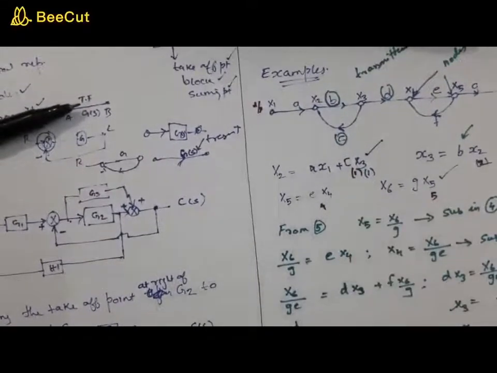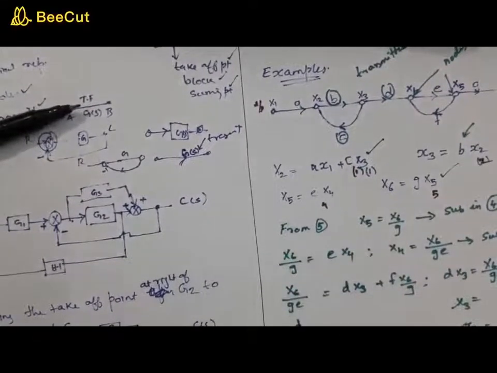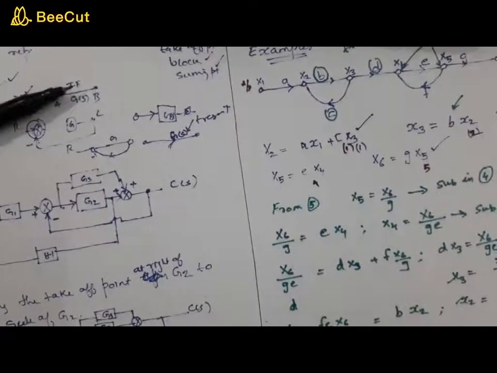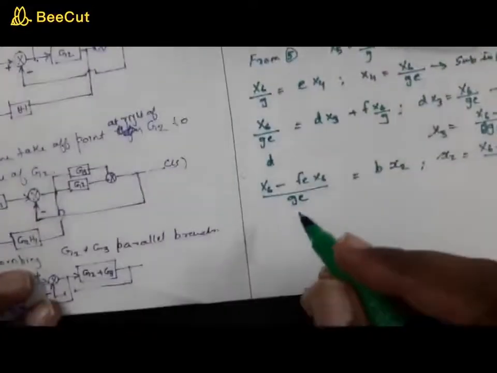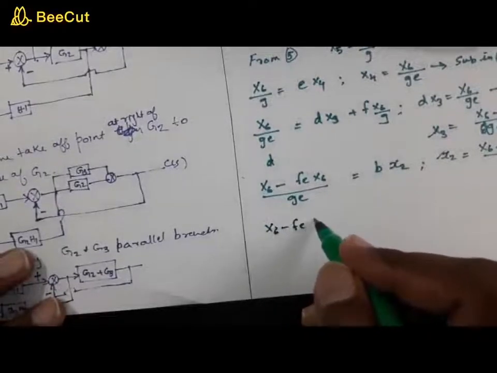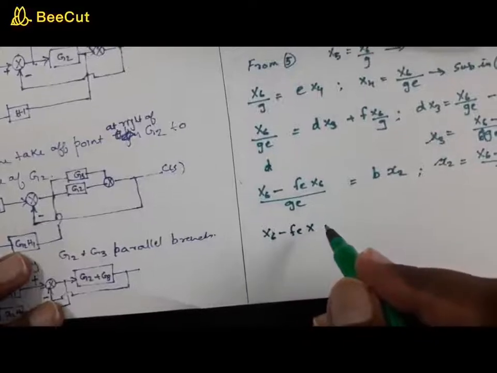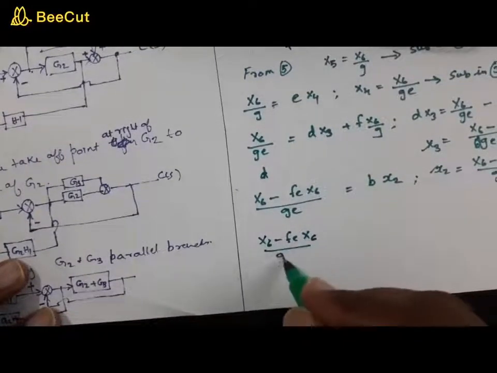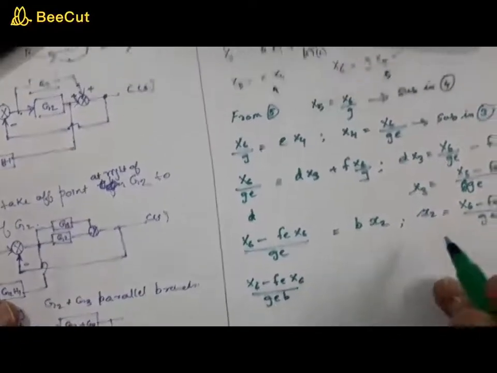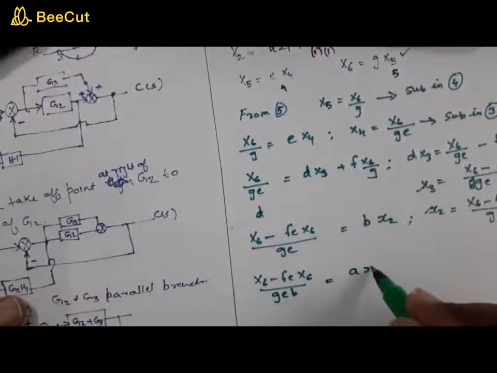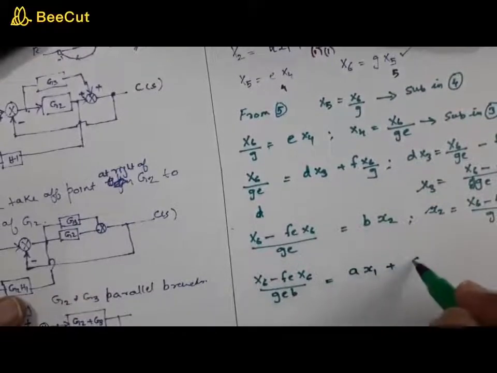this x3 and x2? Okay, so substituting all these things in 1, what you get is, instead of x2 you will write this as x6 minus fe into x6 divided by g into b is equal to a times x1 plus c times x3.